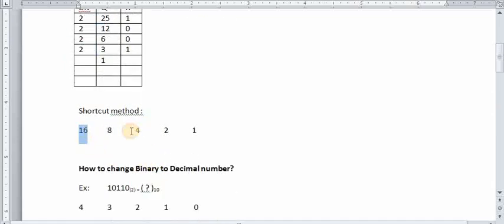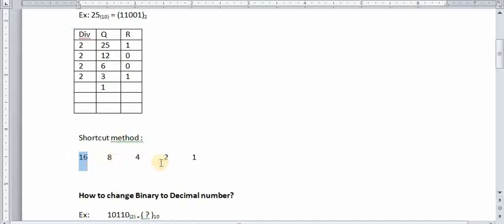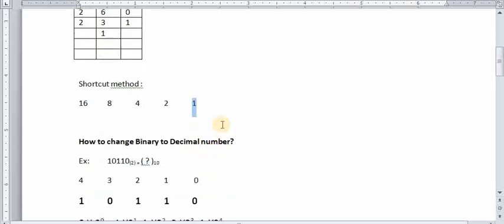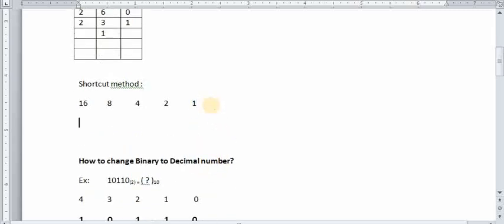Now find out the numbers from these whose sum equals 25. 16 plus 8 is 24, and 1 makes 25. So write down 1 in front of those numbers. Write down 0 for the remaining numbers which are not included.